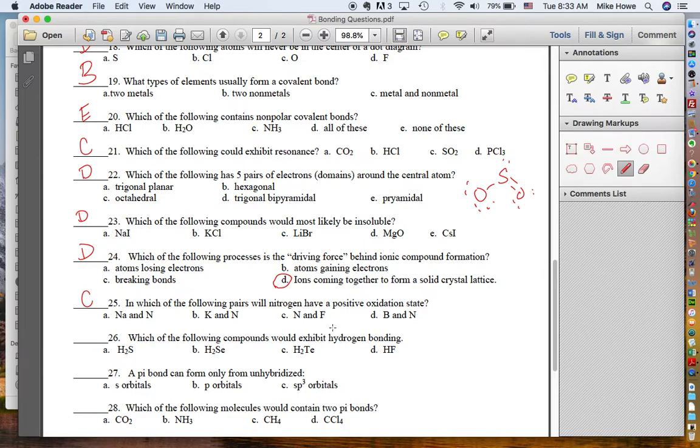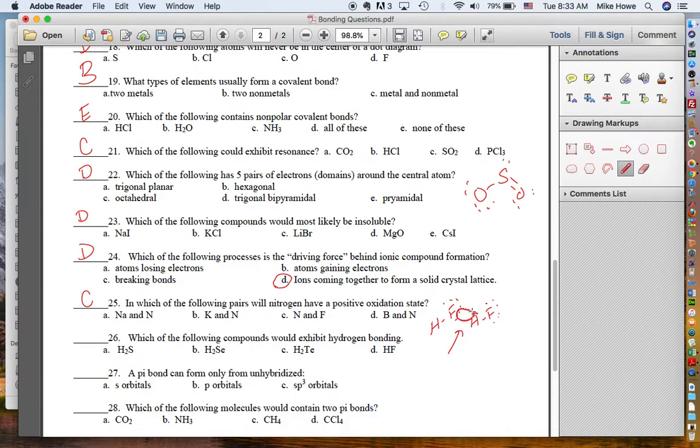Hydrogen bonding. Hydrogen bonding exists between molecules when hydrogen exists within a molecule attached to a highly electronegative element. So if there's 2 hydrogen fluoride molecules, the hydrogen bond will be right here between those 2 atoms.